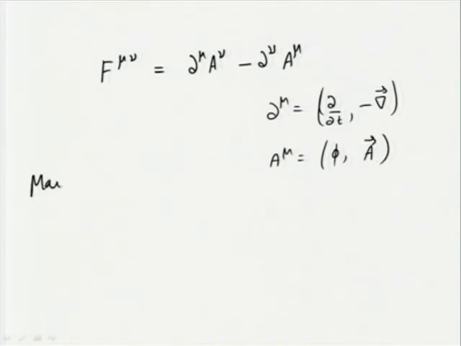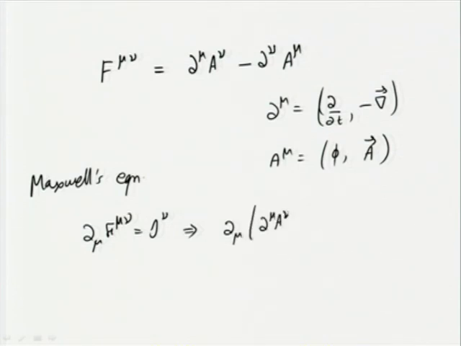What about the Maxwell's equations? ∂_μ F^μν is equal to j^ν. So, taking the derivative of F^μν written in terms of A^ν and A^μ, we have ∂_μ (∂^μ A^ν minus ∂^ν A^μ) equal to j^ν.